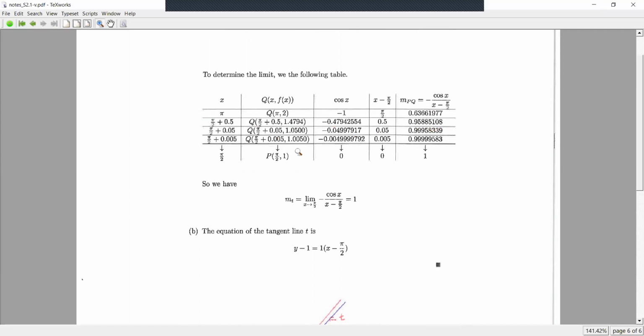From this table, we can see that as x approaches pi over 2, the slope of the line PQ is approaching 1. So therefore, this limit is 1. Because the slope of the tangent line is equal to this limit, the slope of the tangent line is 1.